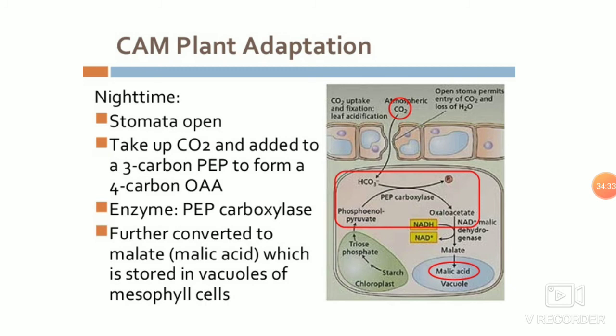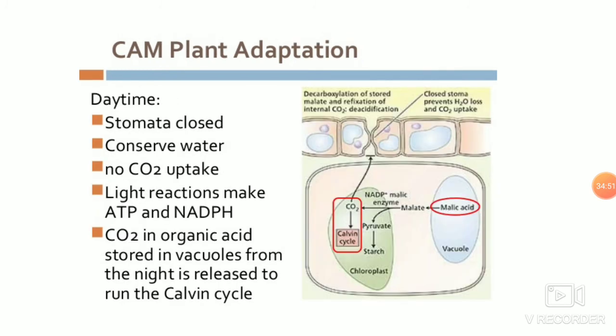Now this oxaloacetate is converted to malate by the enzyme NADPH malic dehydrogenase. This malate is further channeled to the vacuole where it is stored.